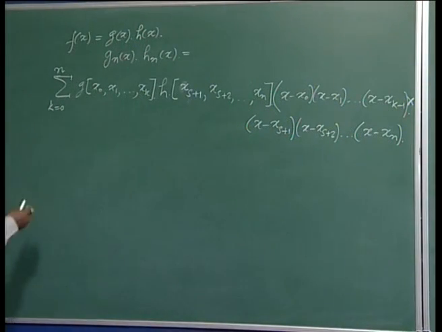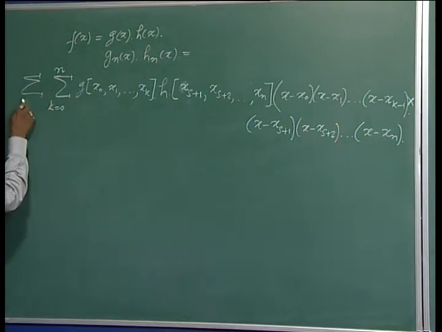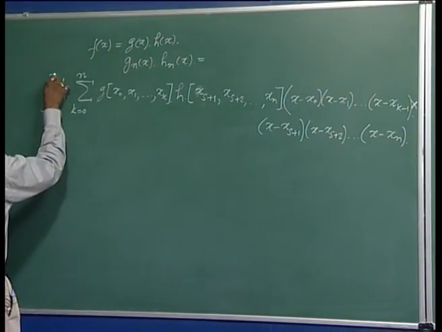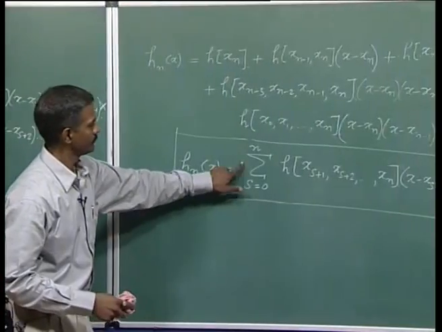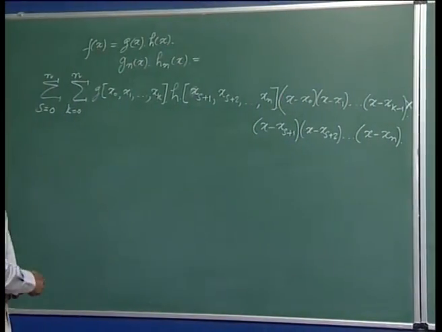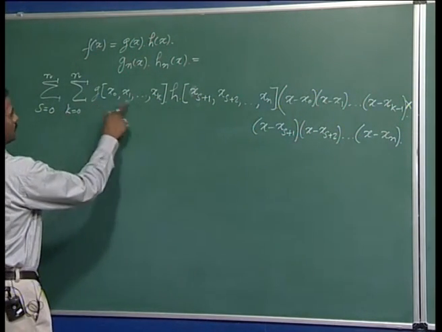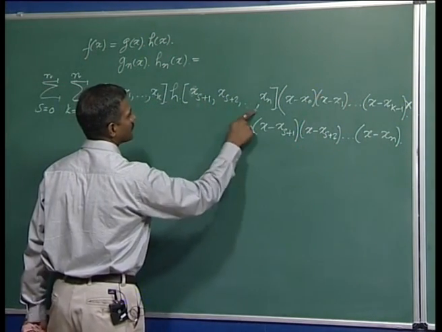And of course, here we'll have a double summation. Index s would also go from 0 to n. Let's worry about these coefficients a little later.